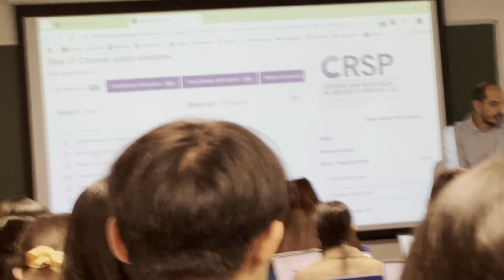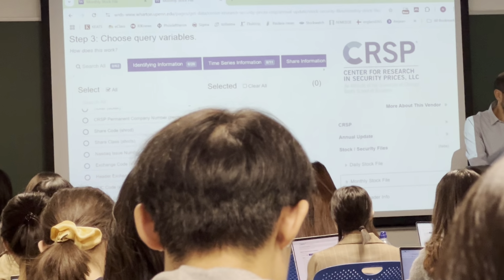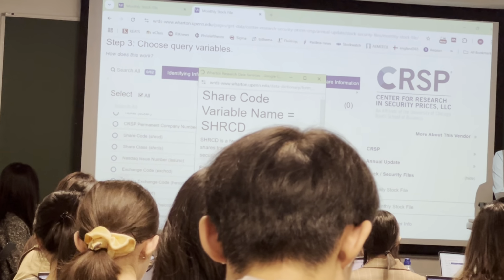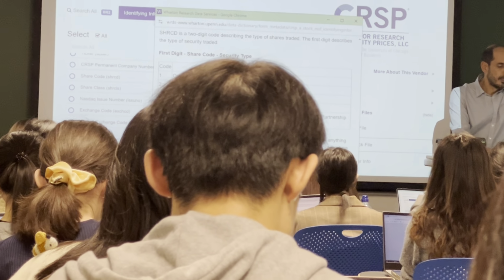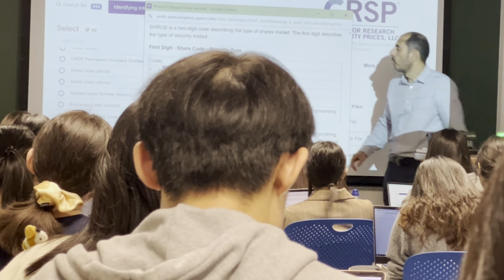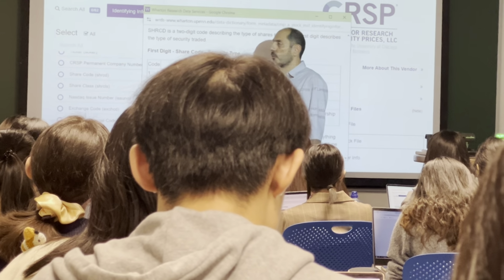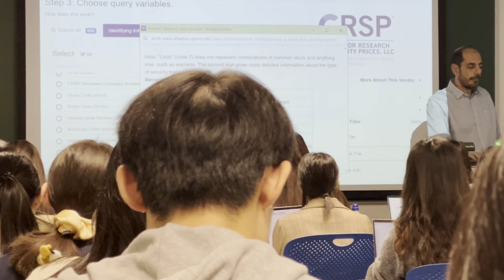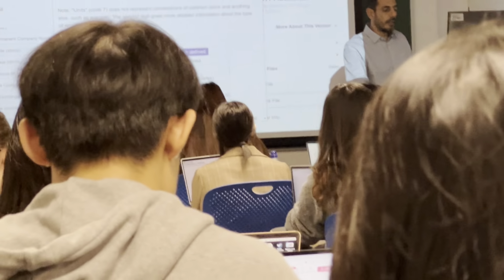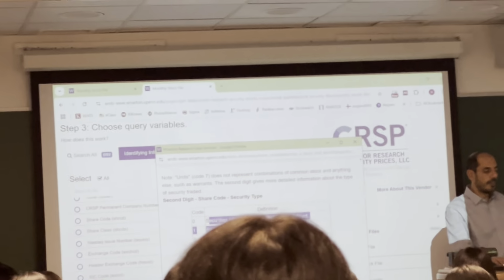So the first variable I ask you is the shared code. What is the shared code? You have seen here, the shared code is a 2-digit number. The first digit is 1 when you want to download only ordinary common share, and this is what we usually do. And the second digit of the number is 0 or 1.